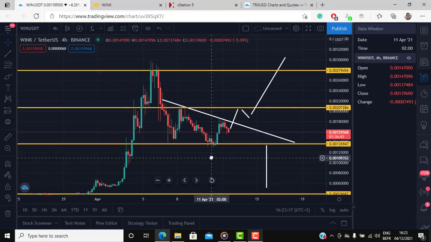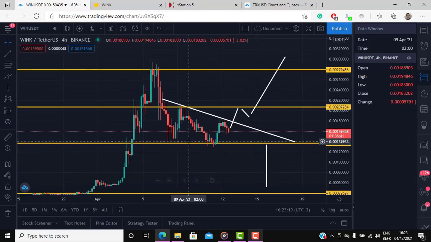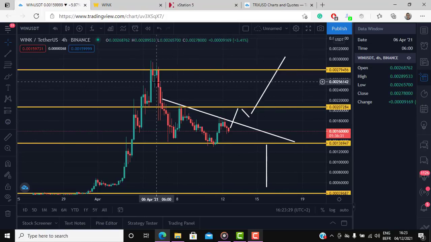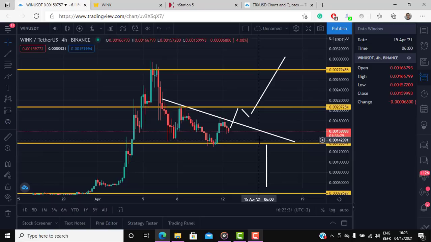However, just keep in mind right now it is not clear. We are neutral when it comes to Wink. We are trading at an equilibrium price at the moment, between this line and this line, creating this descending triangle. The most probable scenario, in my opinion, technically, is a break from the downside.